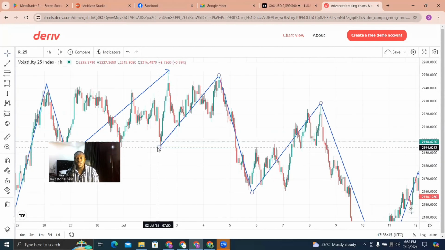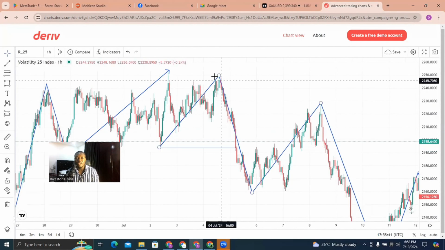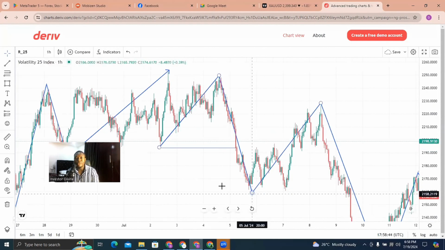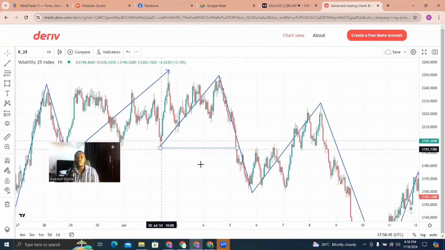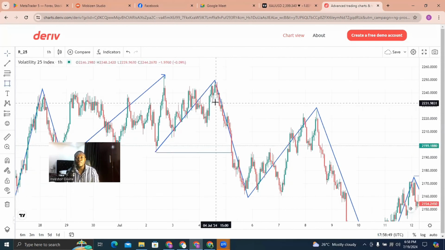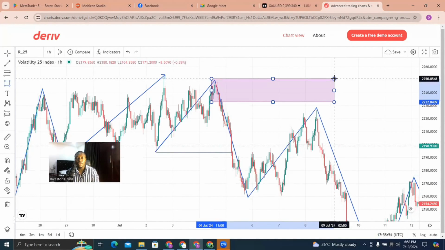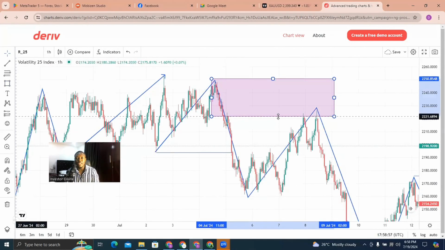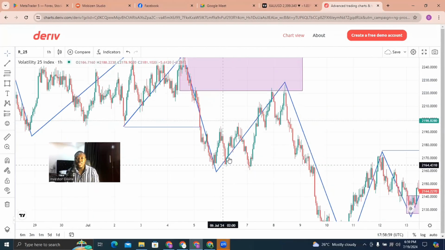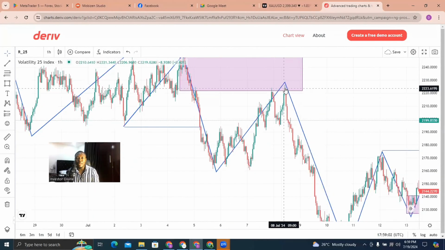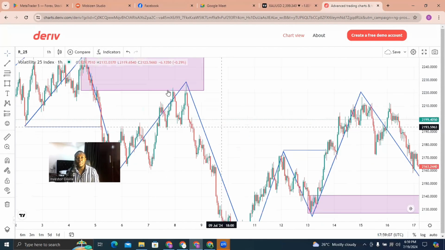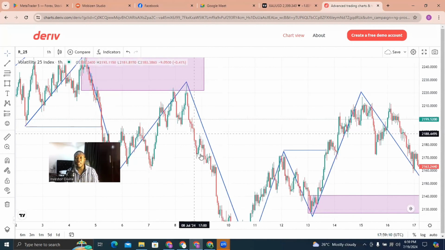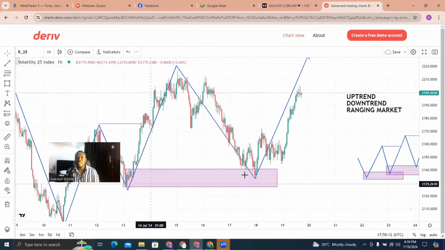See, market took out this previous low, created a lower high, created another lower low. There's a particular supply zone over here that made market, when it began to buy, come into a particular point here before it continued its sell movement. So supply zone is for selling, while demand zone is the area for buy.